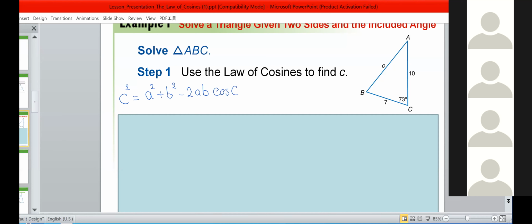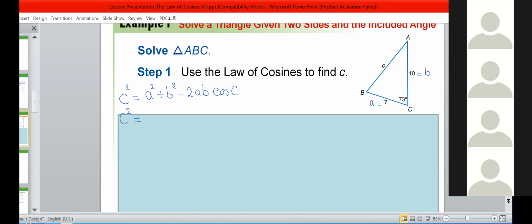Just substitute. So C squared equals A power 2, it means A is 7, it's opposite to angle A. So this is A, and this is B. I just write the information on the drawing.